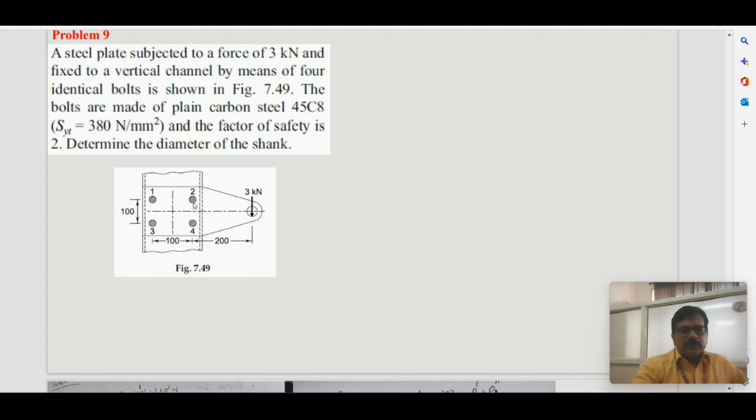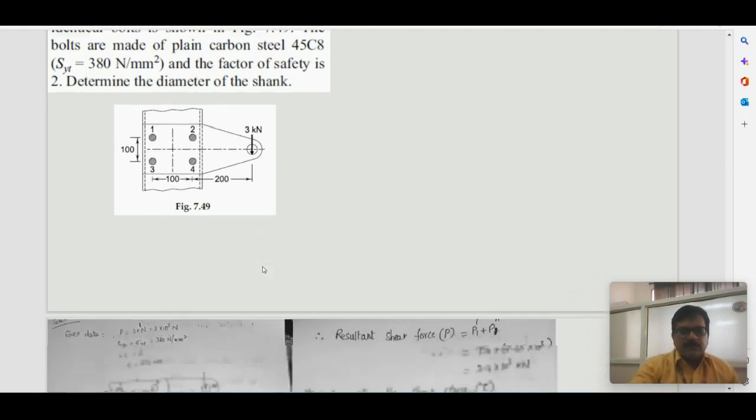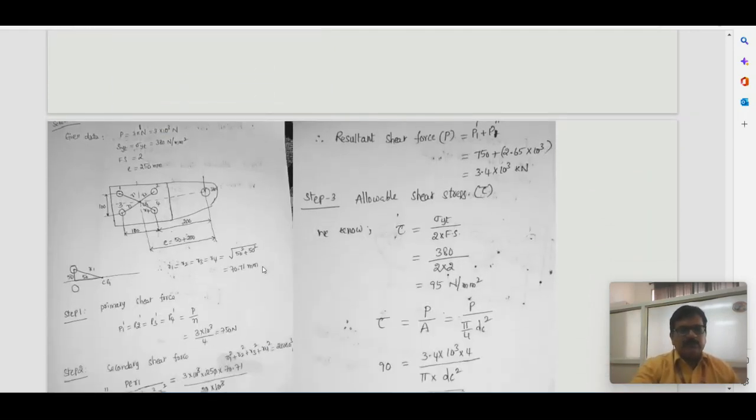But when you come to the second and fourth, the second goes downwards, that is right hand side, and 4 goes to the left hand side but downwards. So the angle between the primary and secondary is the same. Then rivet number 2 and rivet number 4, both of them will be subjected to the same amount of force, that is resultant force. Let us have a look at this.